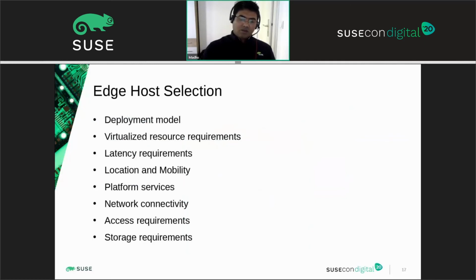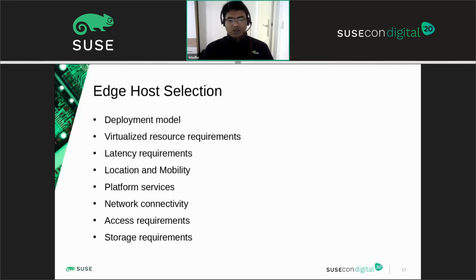So based on the services that we intend to provide, we initially need to select which edge devices that are already available can be used for our services. So edge host selection is an important thing that we need to pay attention to. That's based on the deployment model: how many nodes do you need, how close they should be, what kind of compute power and what kind of capacity is required.